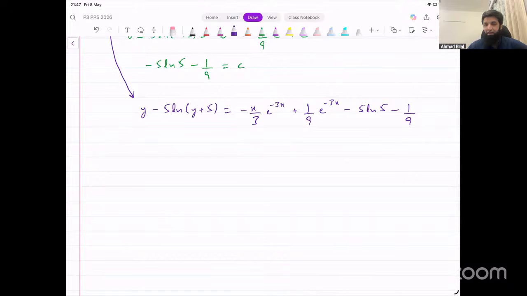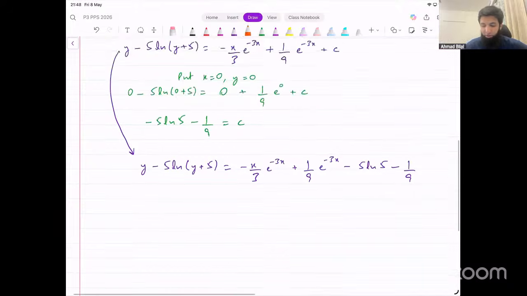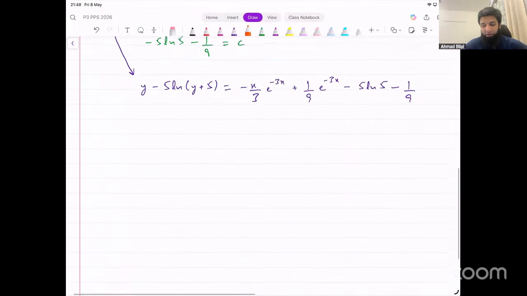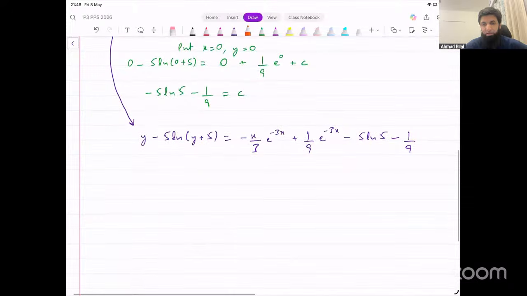I haven't heard anything like that. Can we leave it like this? The question does not ask us to make any variable the subject, right? So is it okay to leave it like this, or should we still do something further after this?